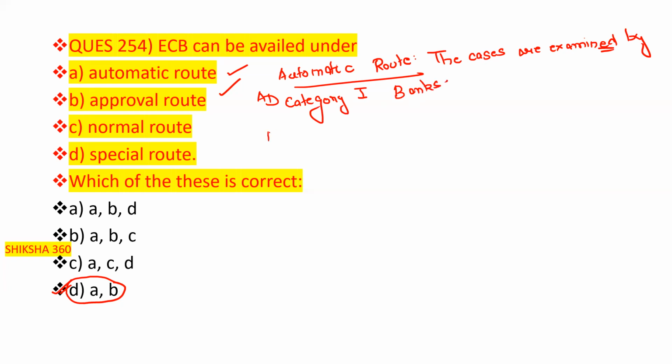Next one, the approval route. Approval means they have to take approval from one specific authority, that is the RBI.